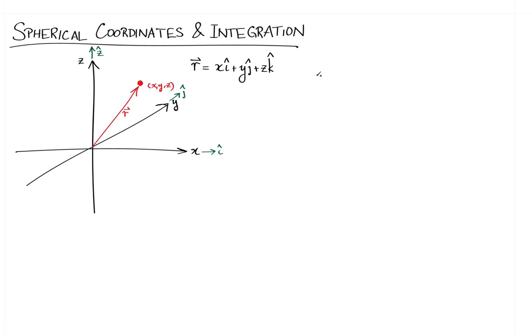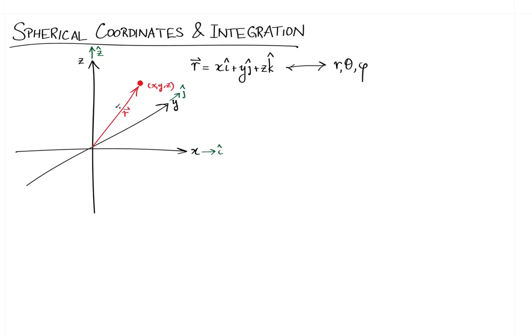So now let's imagine we want to go into spherical coordinates. We want to define our position vector in terms of r, which is now a scalar, the radius of a sphere, and theta and phi, which are two angles.